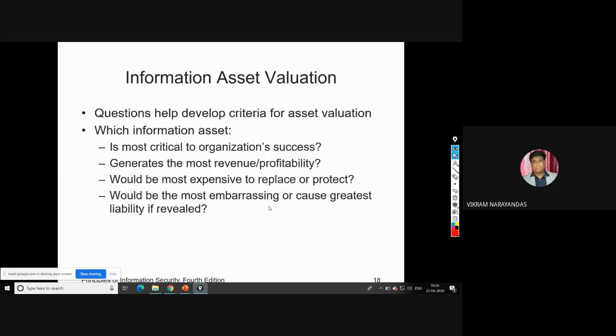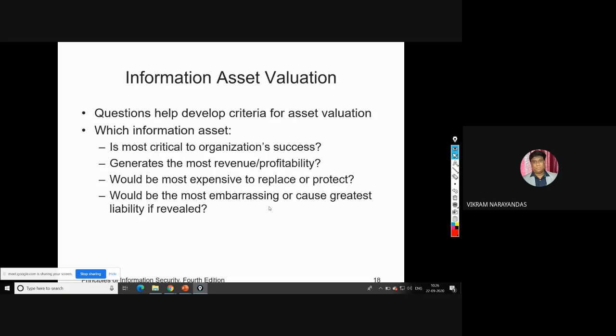Next, information asset valuation. Each asset of the organization is assigned to its category generally. These questions help to develop the asset valuation. Which information asset is most critical to the organization's success? Which information asset generates the most revenue and profitability?